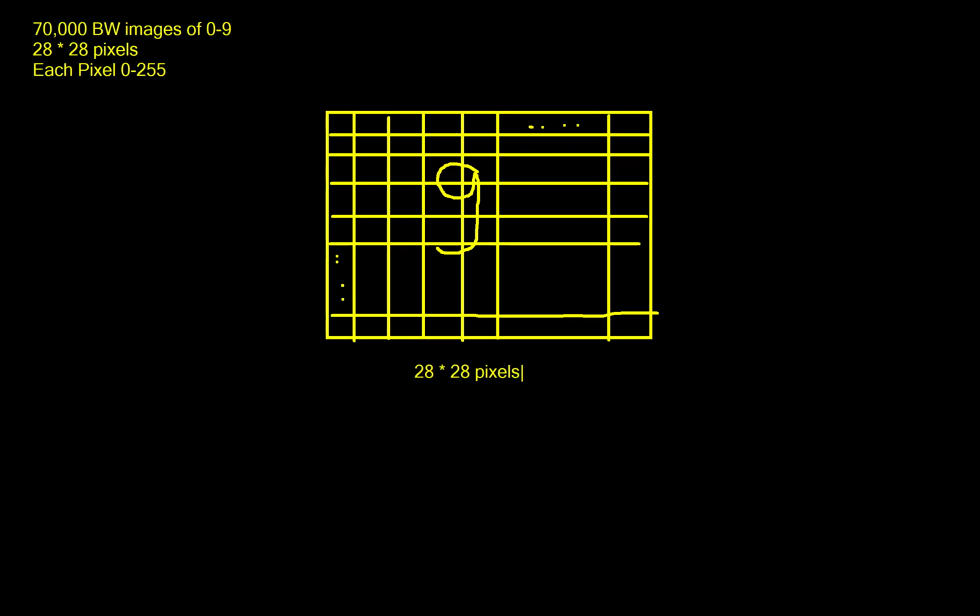Now what basically happens in this? You can see each of these small squares represents 1 pixel, or one cell.